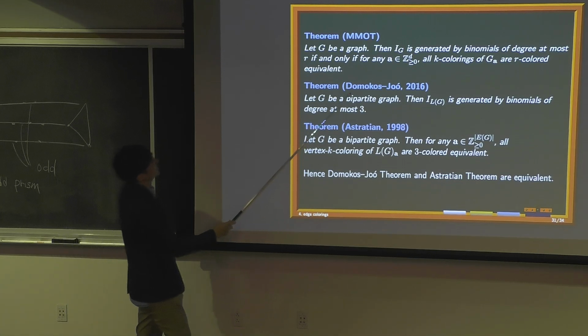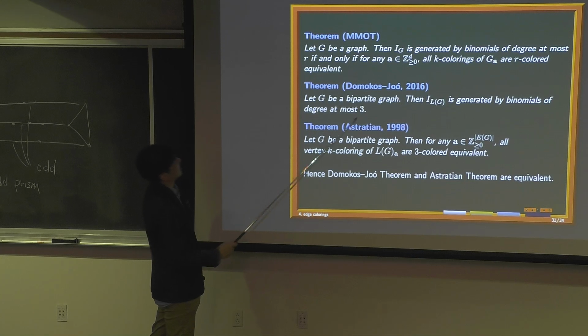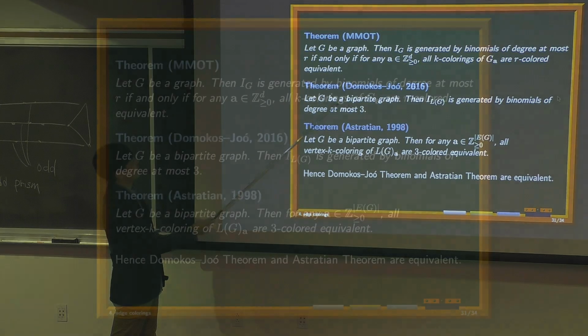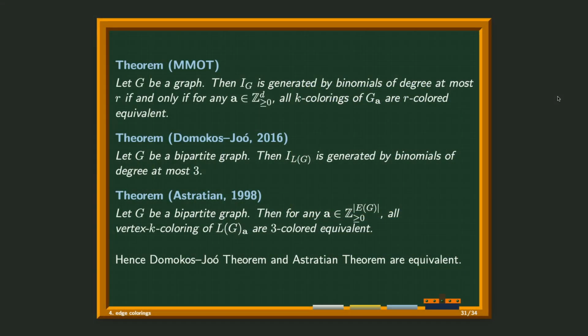So we recall this result. This is the line graph version of their result. Let G be a bipartite graph. Then the stable set ideal of the line graph is generated in degree at most 3, and for the bipartite graph G, all vertex k-colorings of replication graphs of the line graph of G are 3-colored equivalent.